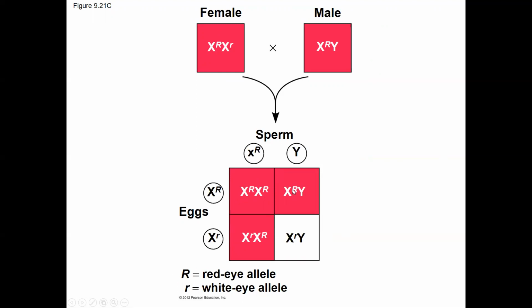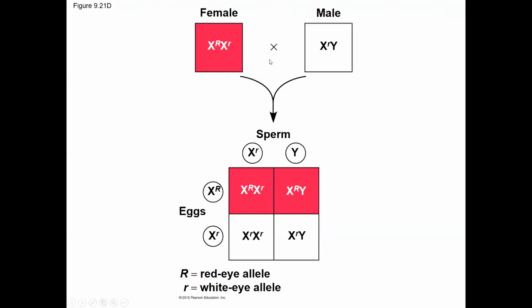So here you would have the 3-to-1 probability, where 25% of your offspring could be born with the white-eyed allele. And then if you have two parents that are carrying the recessive allele, then you have a 50-50 chance of either carrying the dominant or recessive traits.